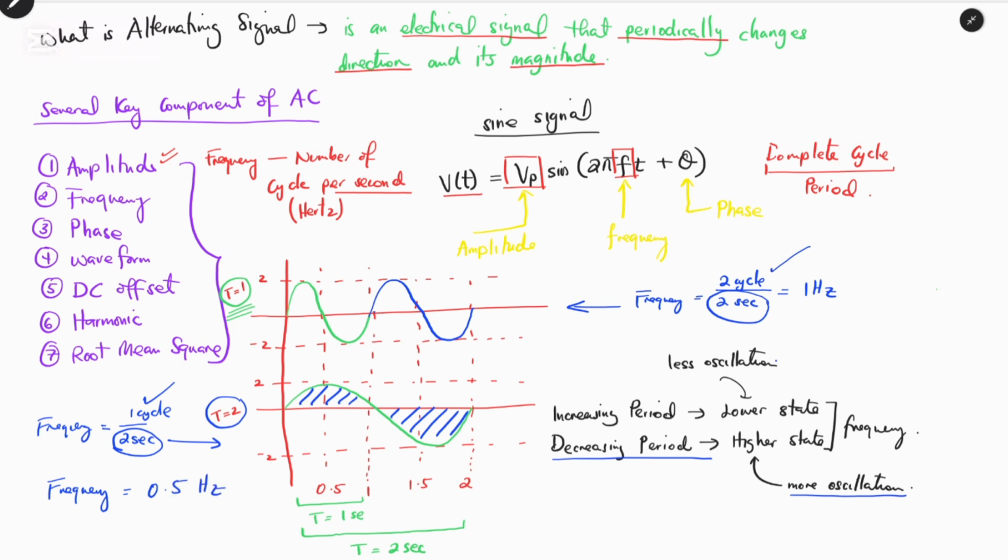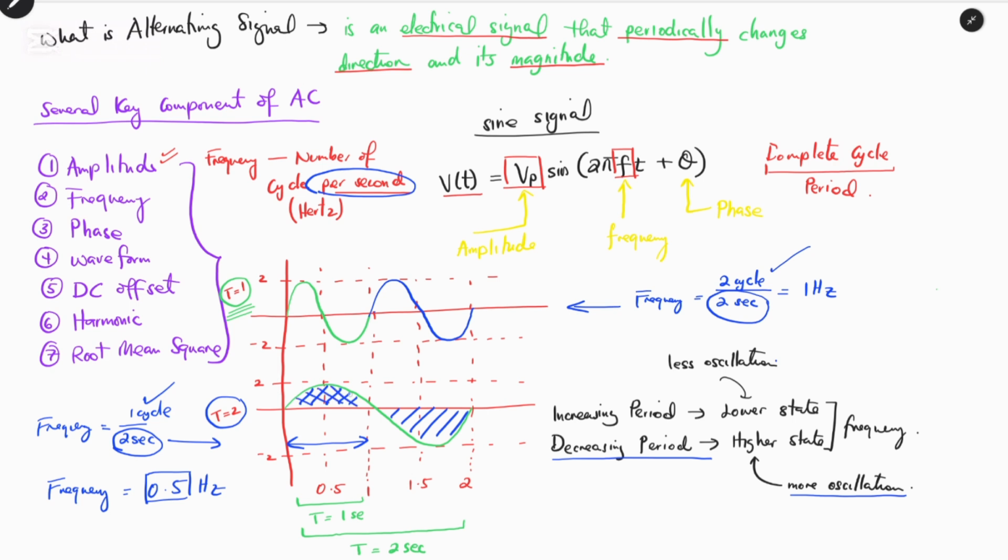When compared to the definition of the frequency, it says number of cycles per second. That means we have a half cycle, or 0.5 cycle per second. By looking at this graph, for 1 second, we have half of the cycle, which is now 0.5.